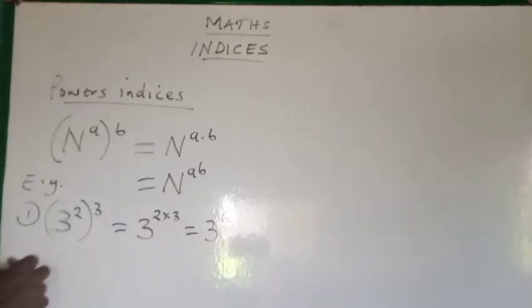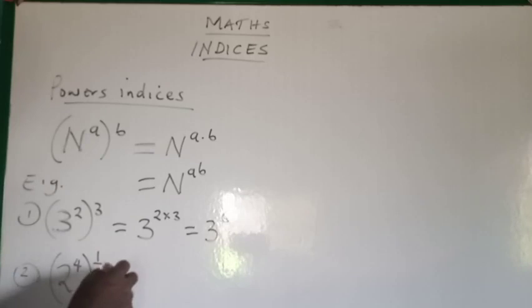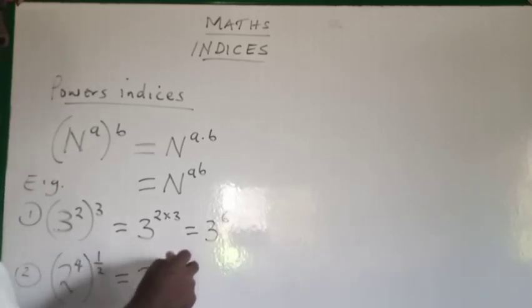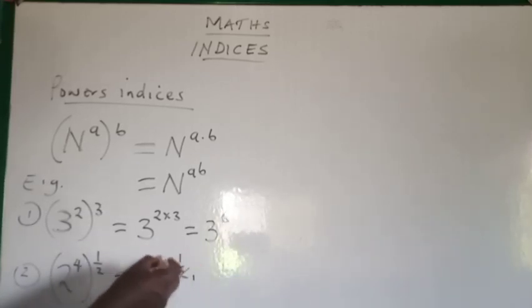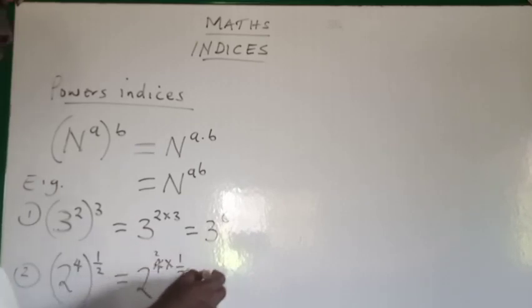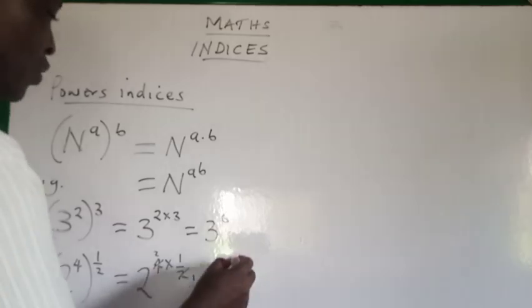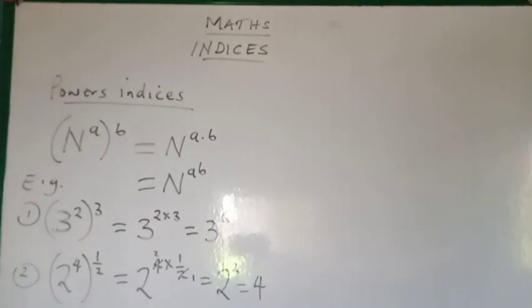Another example: we have 2 raised to power 4, all raised to power 1 over 2. It will become 2 raised to power 4 times 1 over 2. Half of 4 is 2, so we now have 2 raised to power 2, and that is equal to 4. So that is how it is.